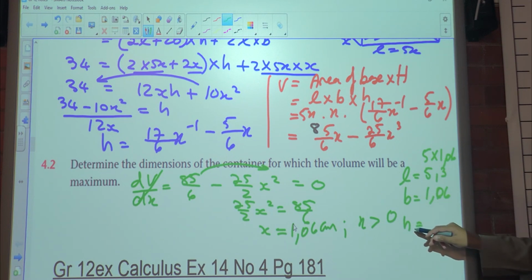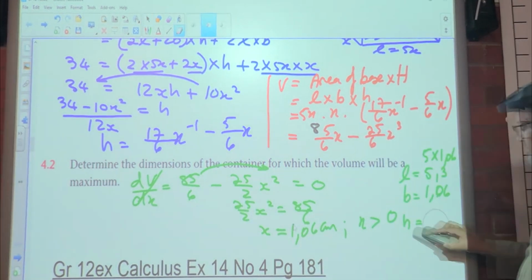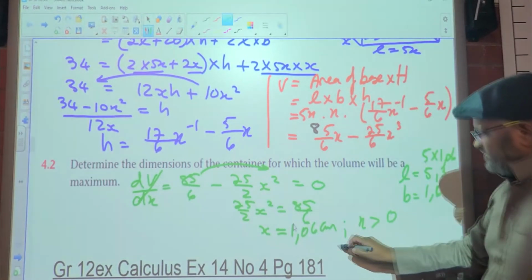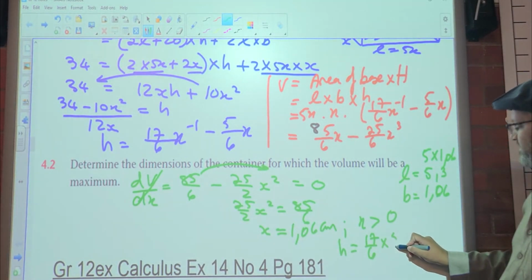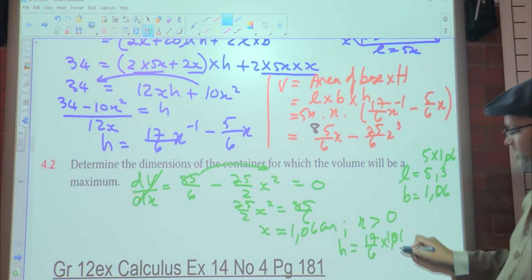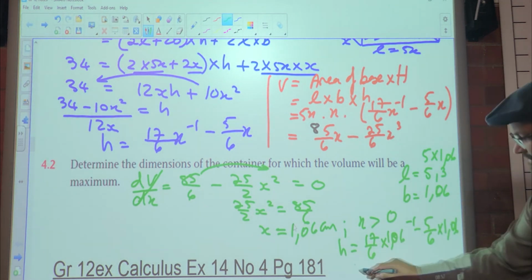Okay, and the height is going to be 17 over 6 times 1,06 to the minus 1 minus 5 over 6 times 1,06.